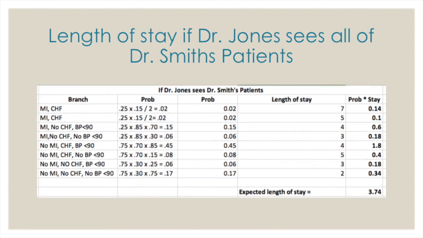So you're going to do the same thing in order to find the expected length of stay if Dr. Jones were to see the patients of Dr. Smith. You're going to take the probability calculations from your original Dr. Smith chart and pair them with the length of stay days from your Dr. Jones chart, and then you should find that the expected length of stay is 3.74 days.